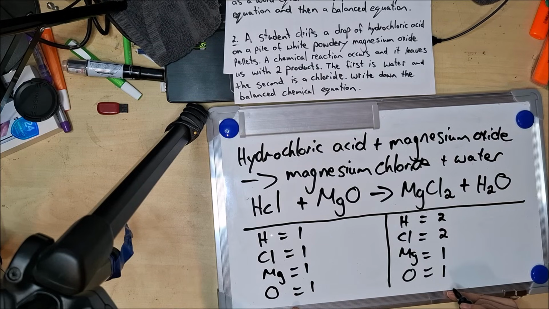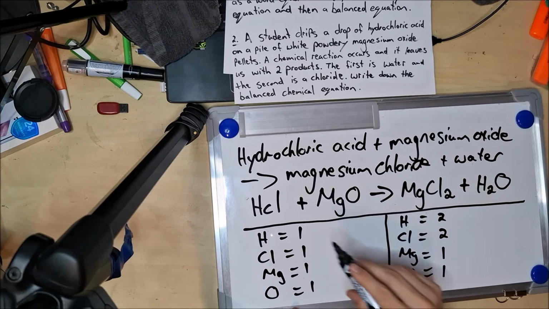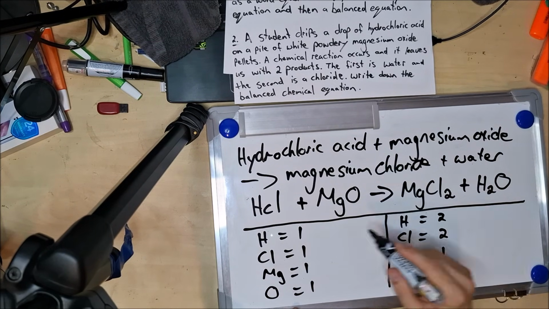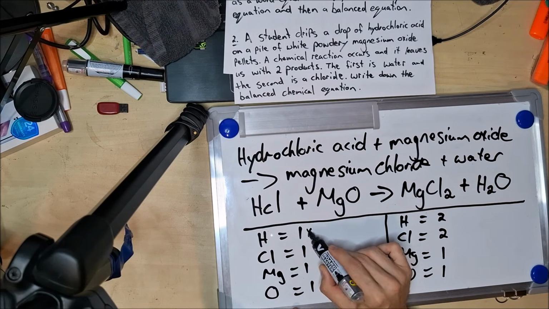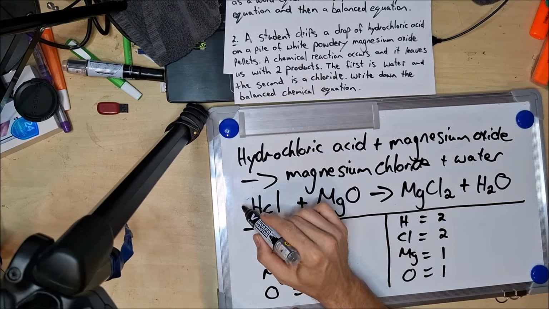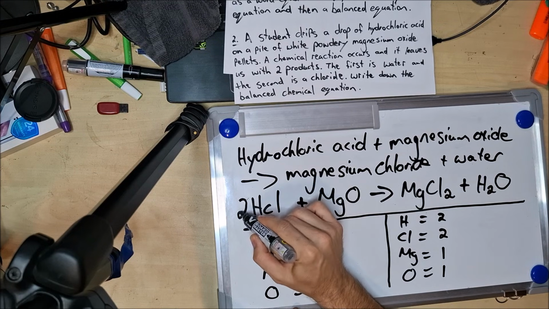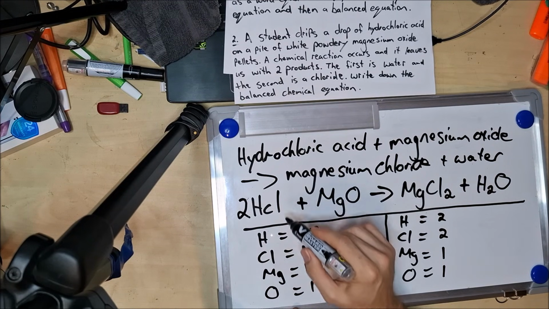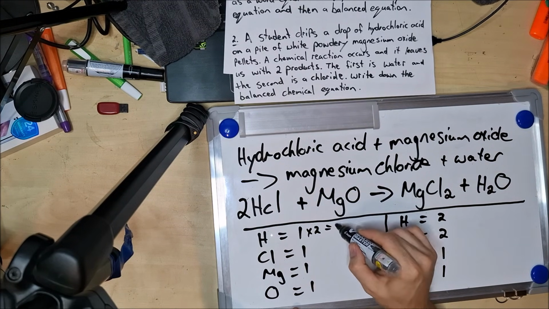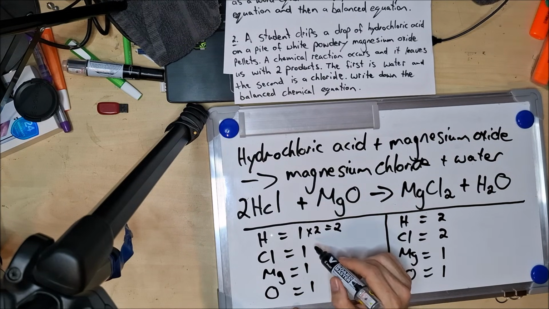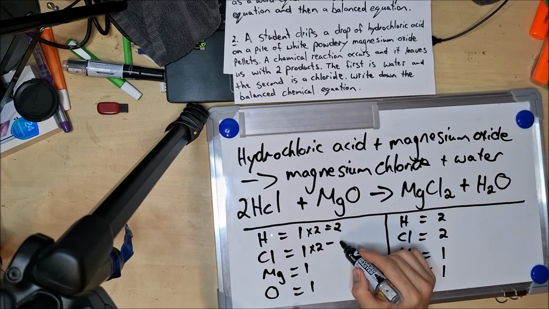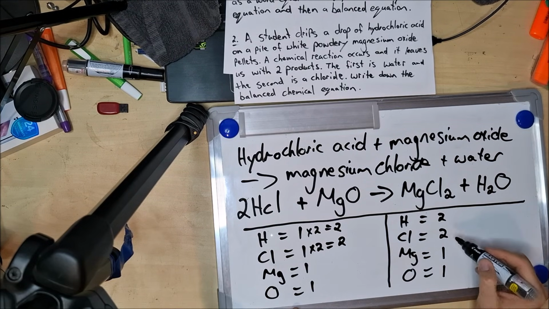However, we are now going to have to look and see. Hydrogen, in order for us to get it to 2, 1 times 2, I have to put the coefficient there. That is going to make this 2. Chlorine, it's got the 2. That's 2. This side, chlorine is 2.